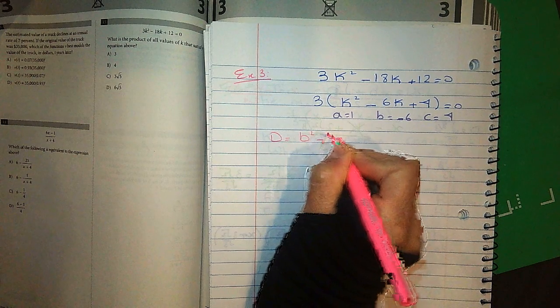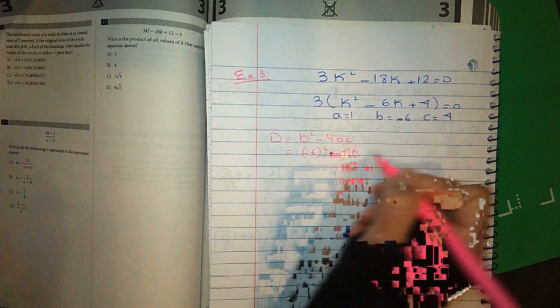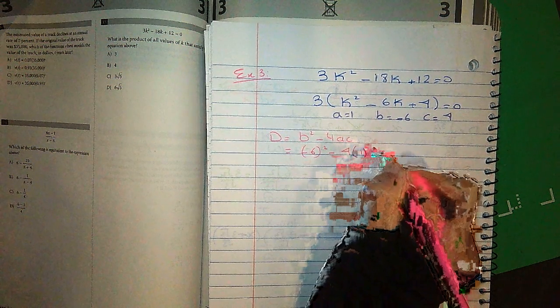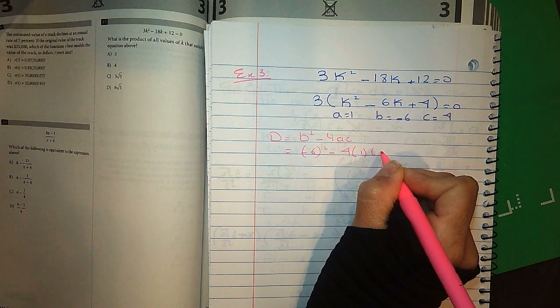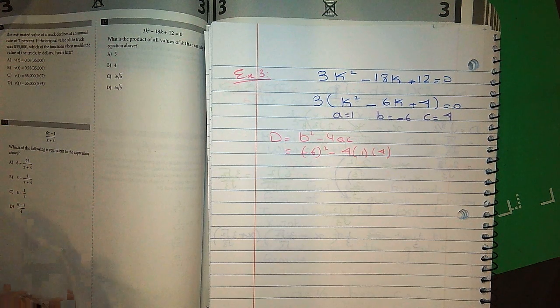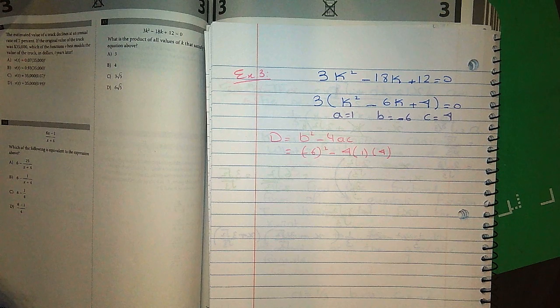The discriminant is b squared minus 4ac, which is negative 6 all squared minus 4 times 1 times 4. Alright, and then we're going to do it step by step.